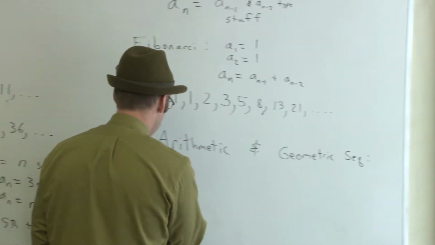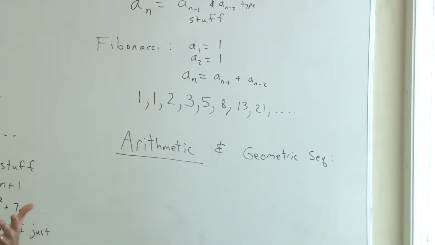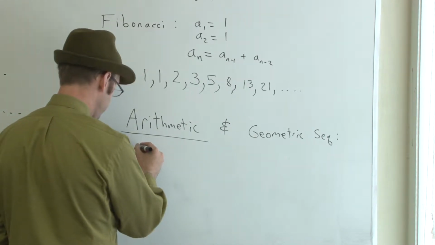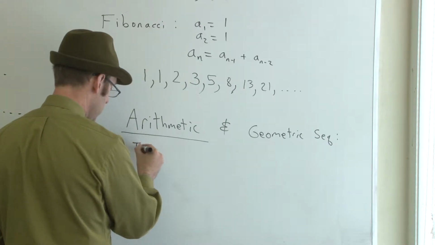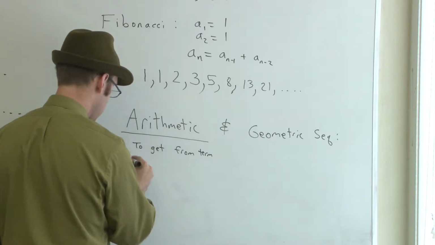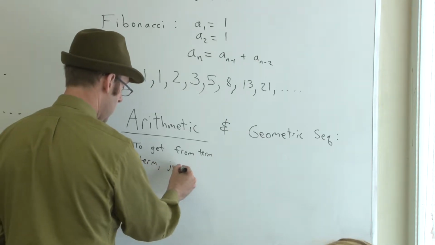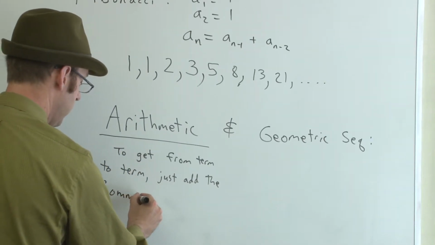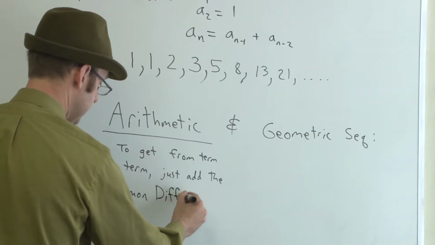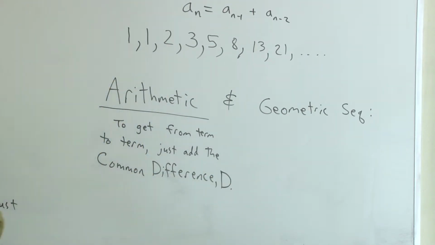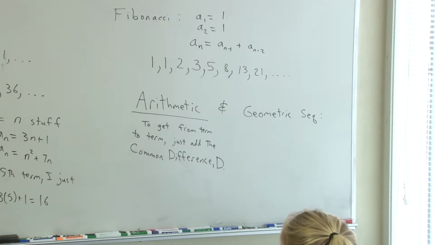Arithmetic sequences are ones where, to get from one term to the next, you just keep adding the same number, from term to term. Just add what we call the common difference. So I'm just adding the same thing each time. This is an arithmetic sequence. I'm just adding 2 each time.